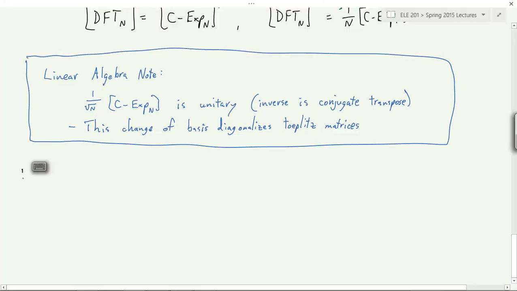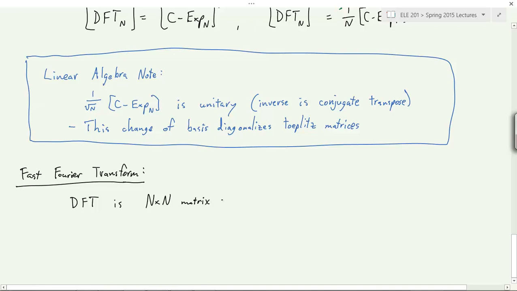Okay, so now the fast Fourier transform. What is this fast Fourier transform? Well, notice that the DFT, which we were just introduced to, is an n by n matrix multiplication.